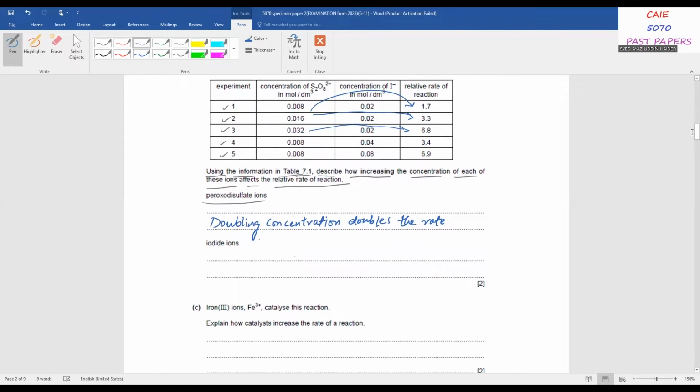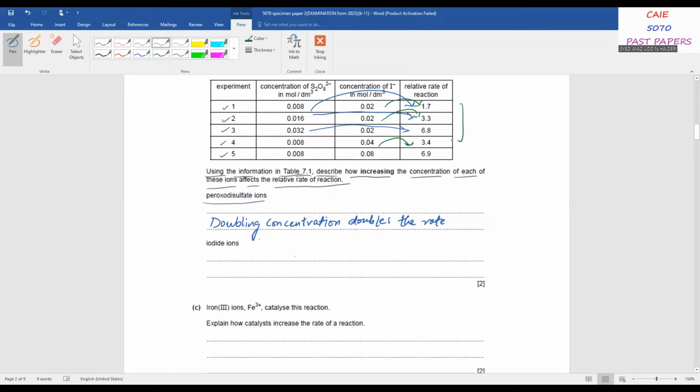What about iodide ion? Let's talk about iodide ion. Look at the concentration of iodide. 0.02 gives 1.7. 0.02 again, it's increasing, 3.3. Now if you increase to 0.04, what's happening?